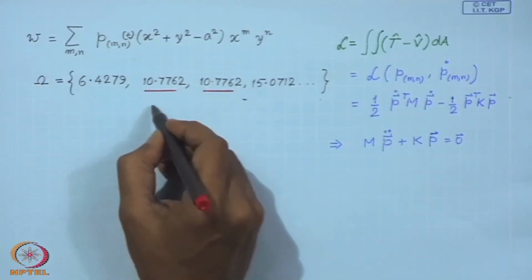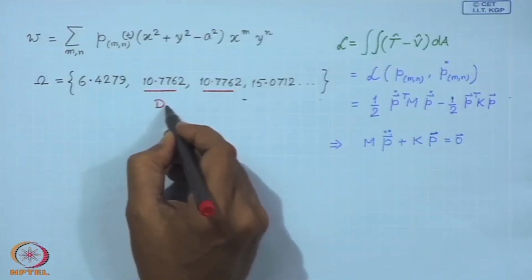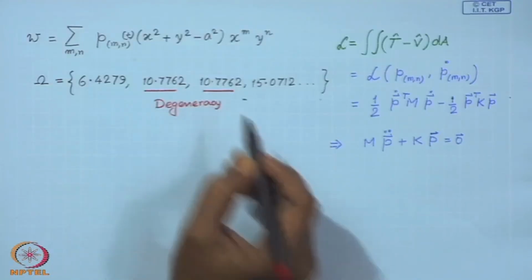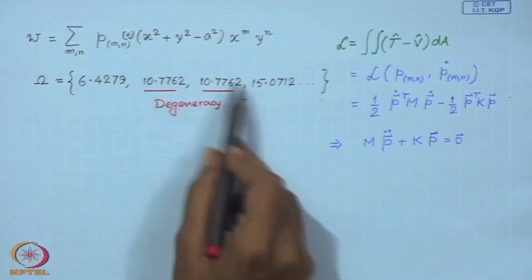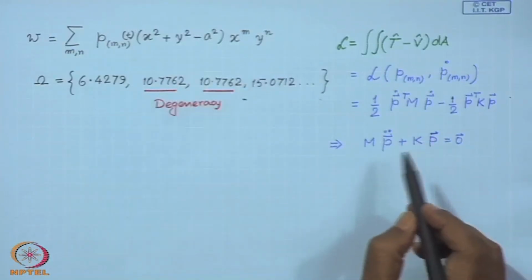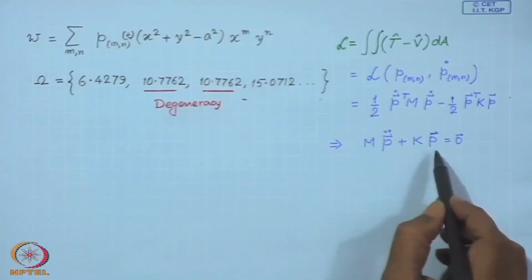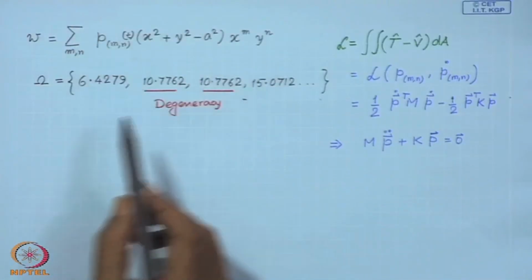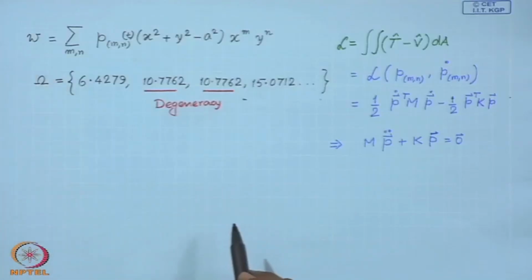So, there is a modal degeneracy. You can check that the eigenvectors that you will get corresponding to these two eigen frequencies are distinct. So, from here you can construct back the eigenfunctions, and these will be orthogonal.